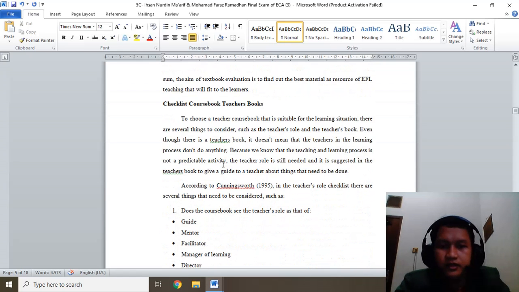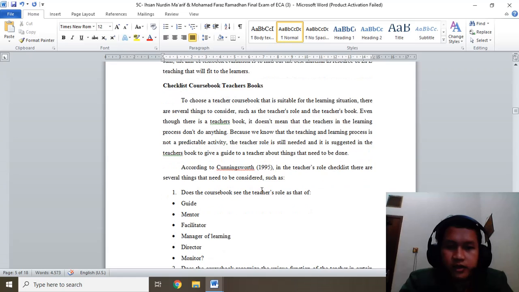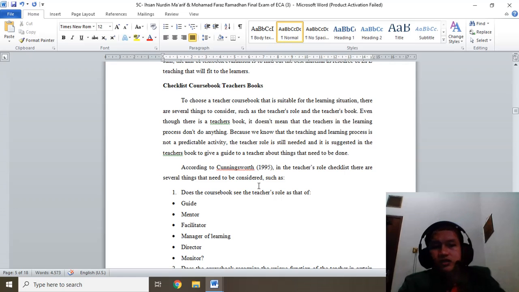And the next is about the course book checklist for teachers, which is a statement by Cunningsworth 1995. At first, there are several things that need to be considered.